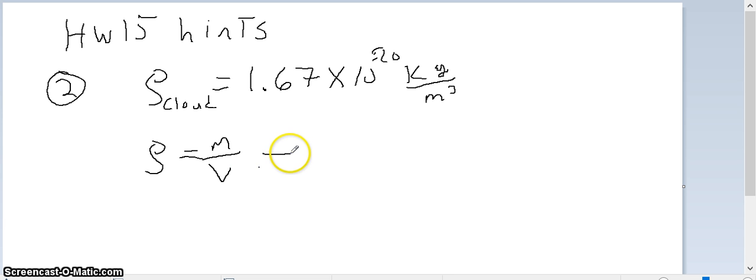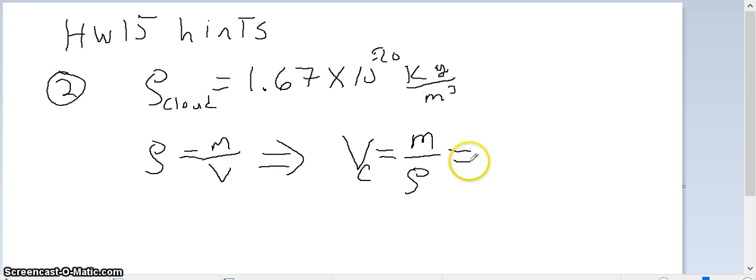The volume of the cloud, I'll just put C for the cloud, is equal to basically the volume and the density switch places. So it's going to be the mass divided by the density. And of course, you put the mass of the sun in there.